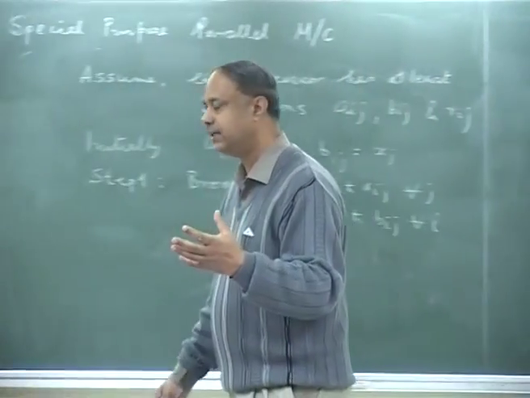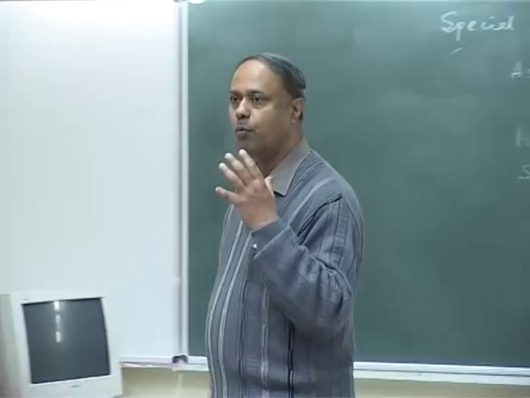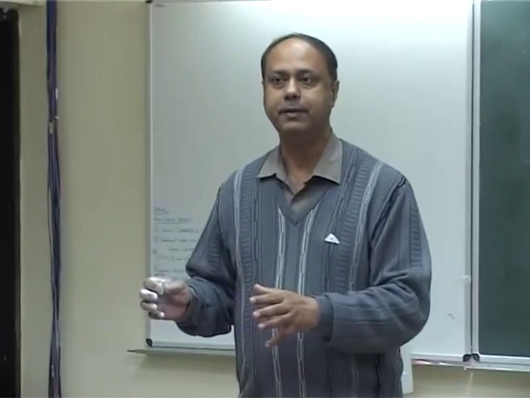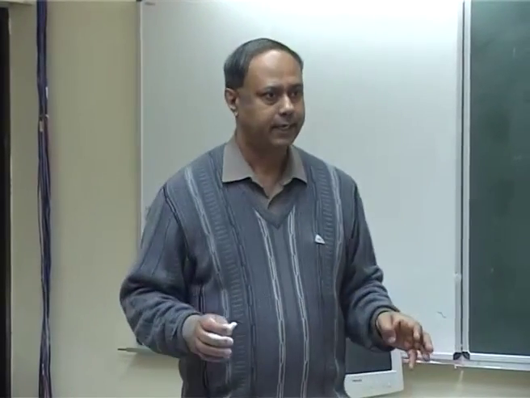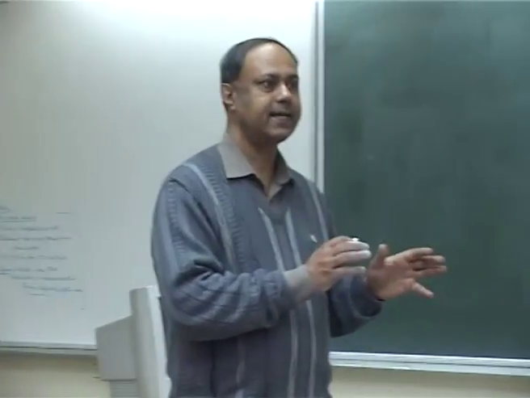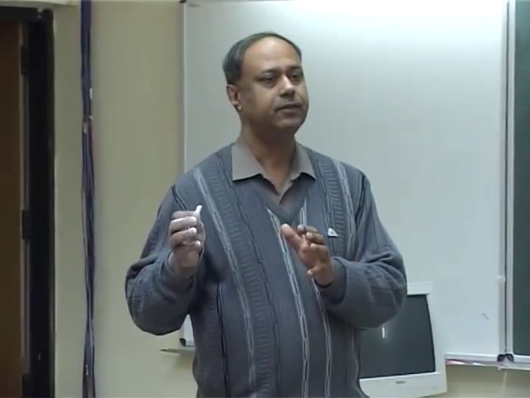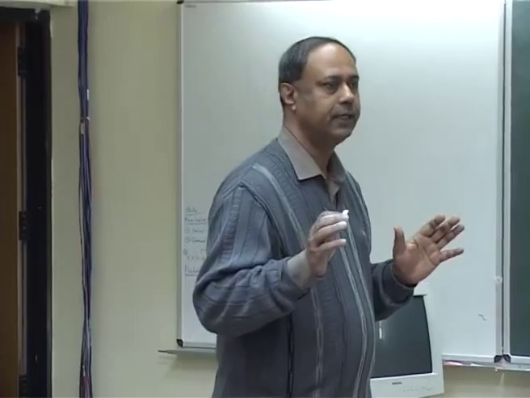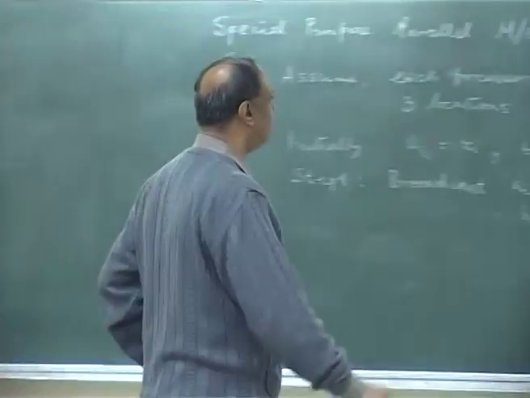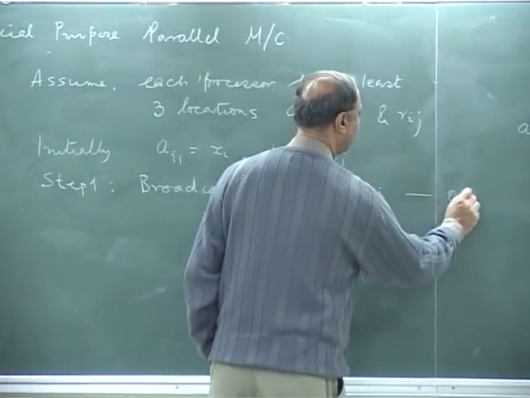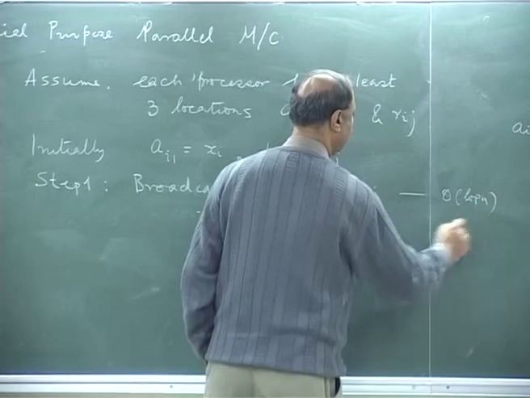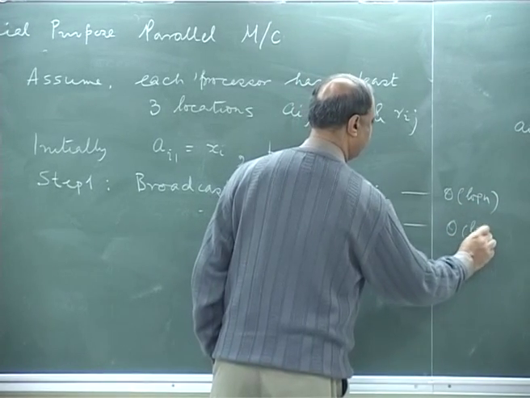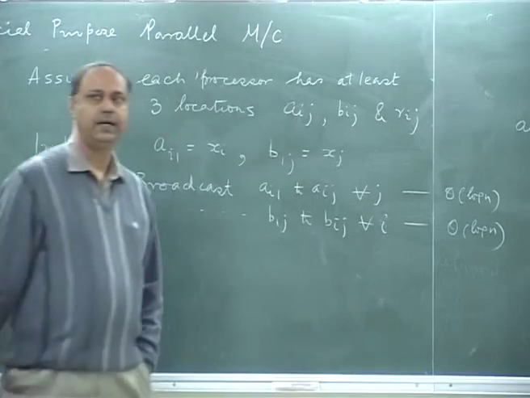So every processor will contain one Aij and one Bij. Agree? Aij is your xi and Bij is your xj. This can be done in order log n time. This also can be done in order log n time. Agree?